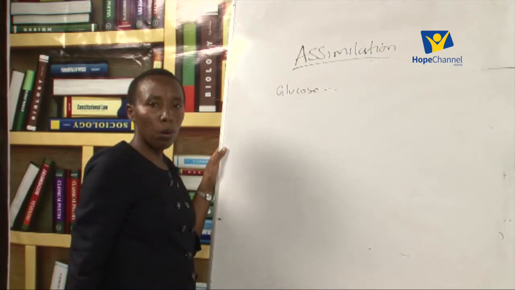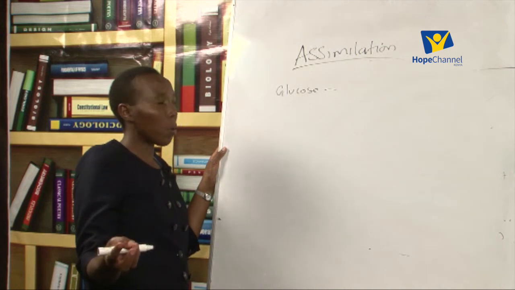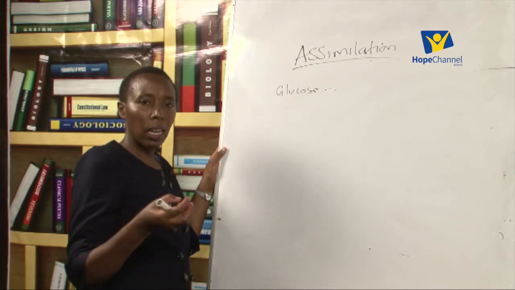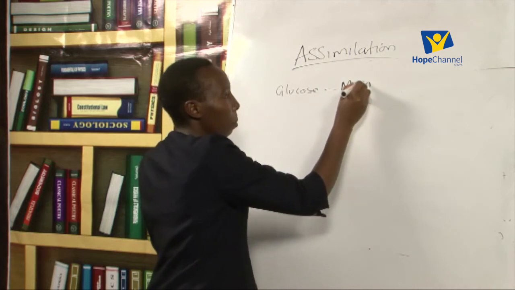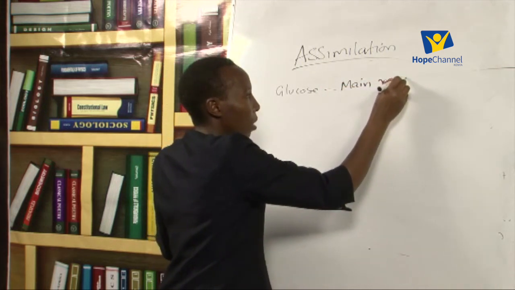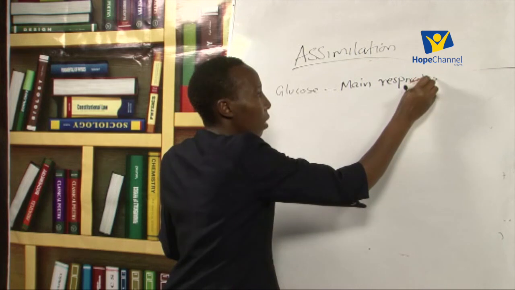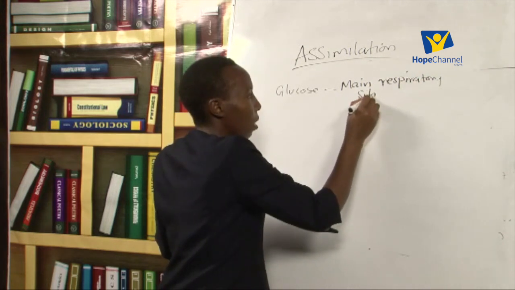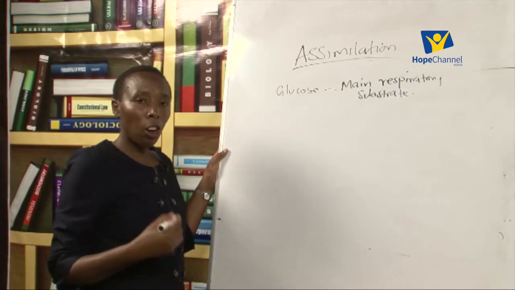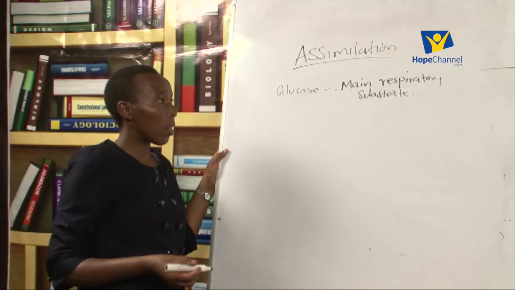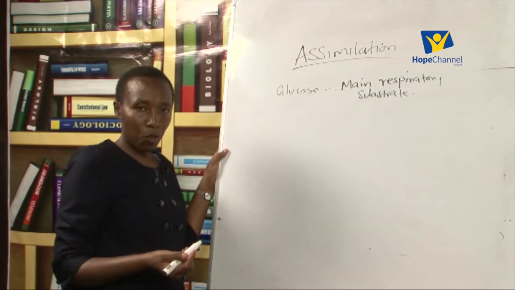I start with glucose. Number one, we say that glucose is the main respiratory substrate. So what does that mean? It is used in oxidation. It is the one that gives us energy.